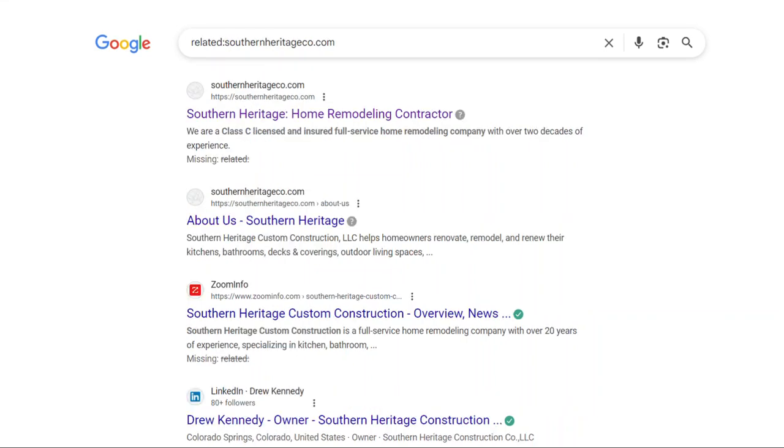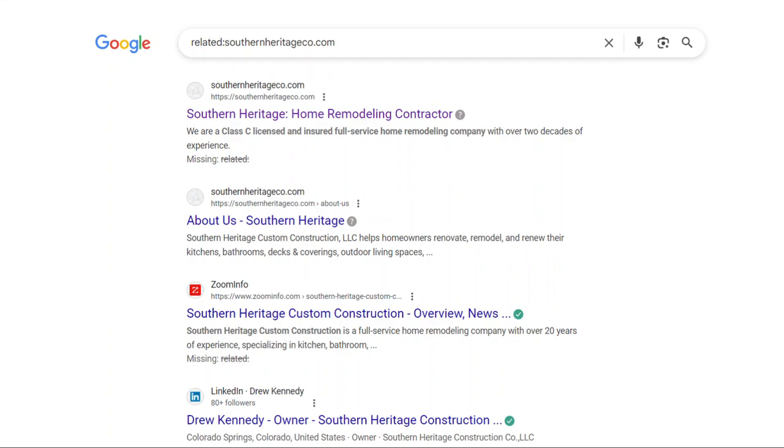But then we changed this, because many times we are researching the different ways people are looking at a particular company. In this case, another company that started learning over a year ago and is doing really well with their marketing is southernheritageco.com.